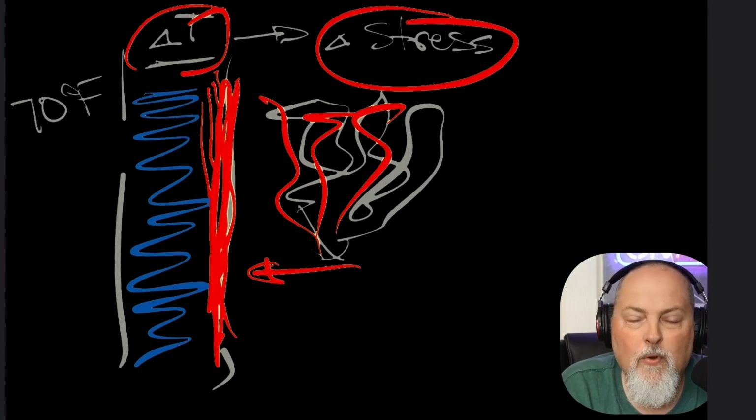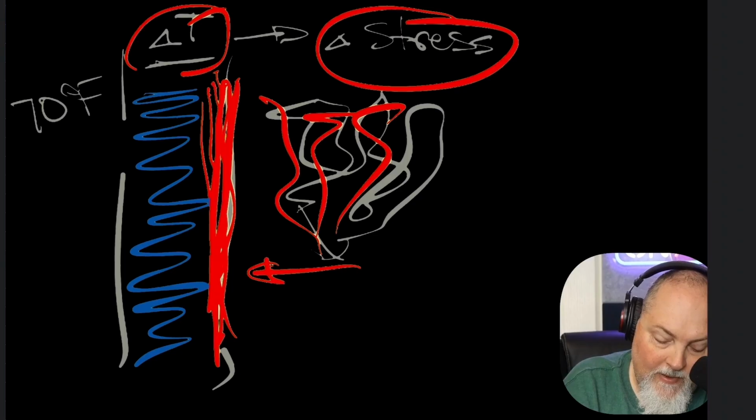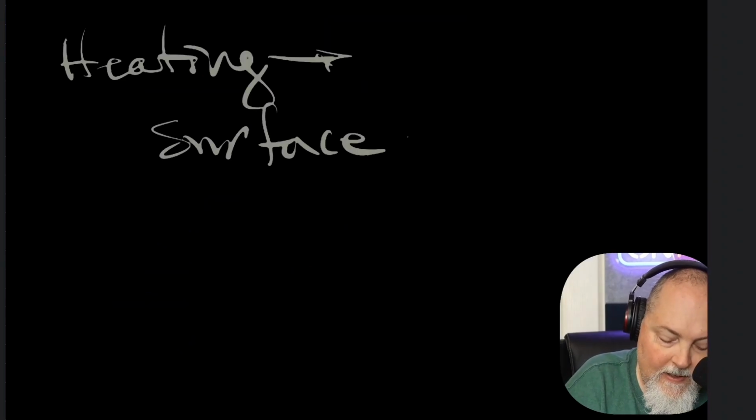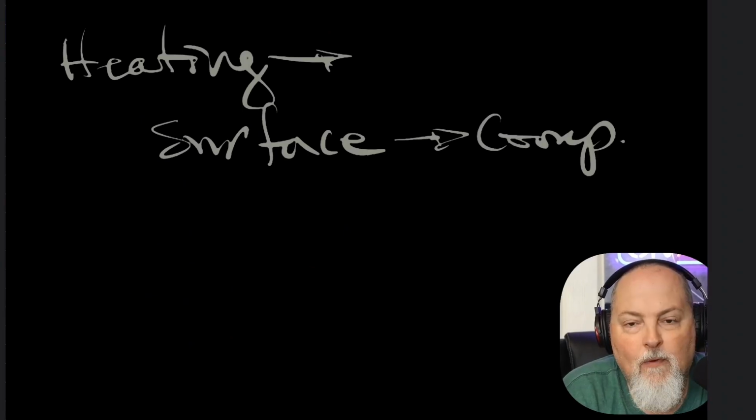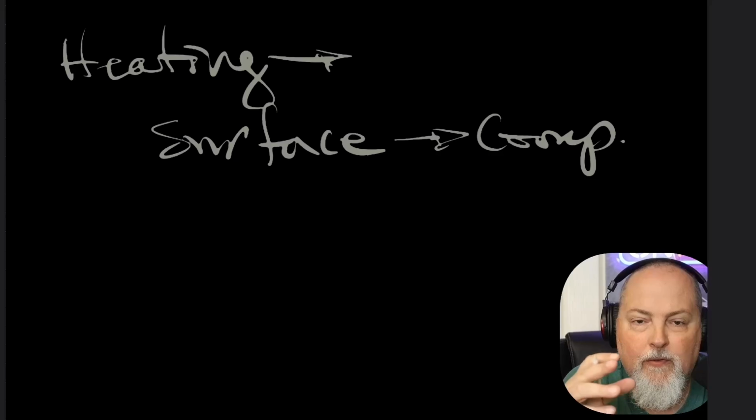All right. So during rapid cooling, let me write this down, getting ahead of myself. So during heating, the surface is in compression. So what happens when we have rapid cooling? Well, the surface cools and contracts, but the hotter interior resists that contraction.